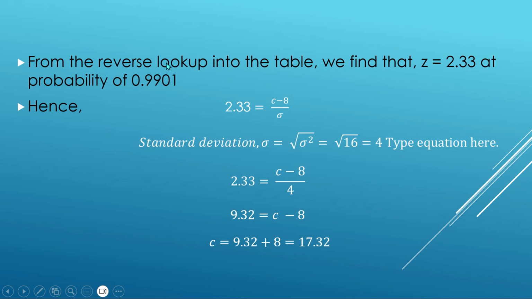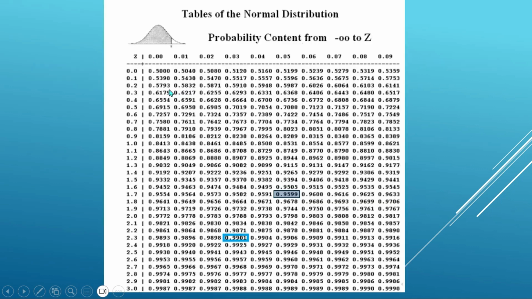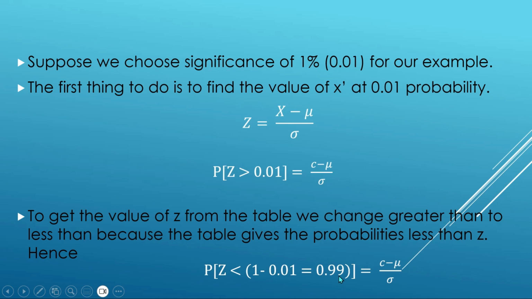From the reverse lookup into the table, we find that z is equal to 2.33 at a probability of 0.9901. We try to find this value in the table. Here it is, 0.9901, which we have calculated over here, 0.99.